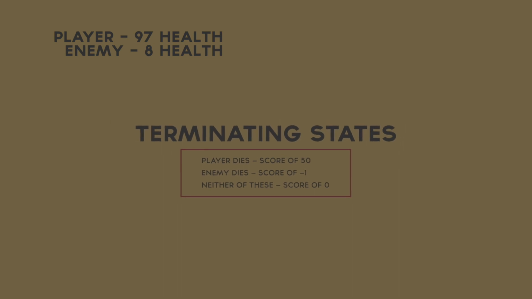Therefore, we want to properly weight the scores of the terminating states. The terminating states that will be used for these examples are: the player dies, which produces a score of 50; the enemy dies, which produces a score of -1; neither dies, which produces a score of 0.